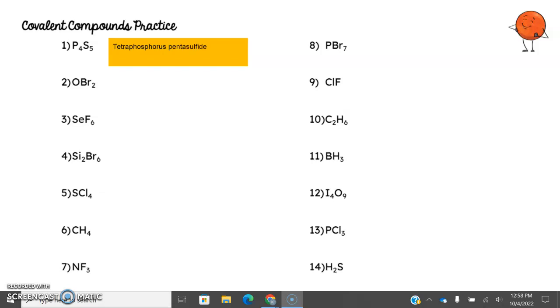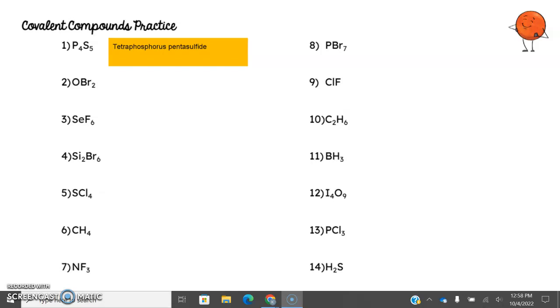Tetraphosphorus pentasulfide, that would be the name of P4S5. The tetra is for the 4, then the name of the first element, phosphorus. For the second element, we have its prefix, which is penta, because that's for 5, and then sulfide for the sulfur, where we drop the ending and change it to ide.